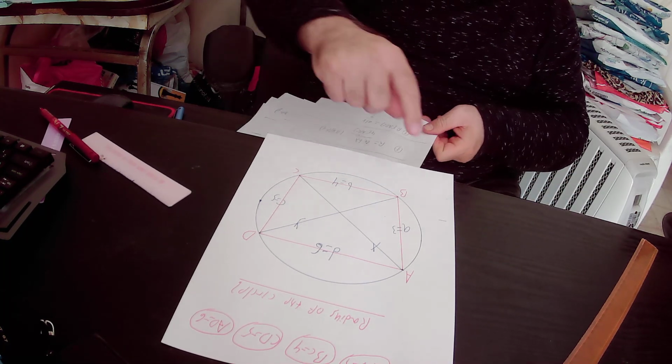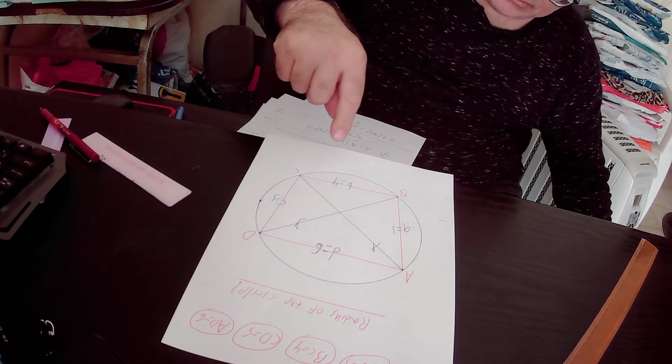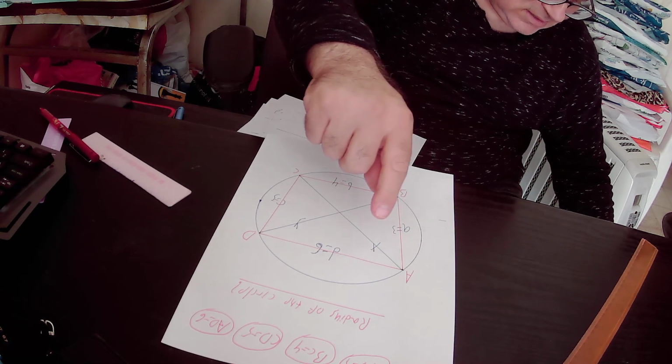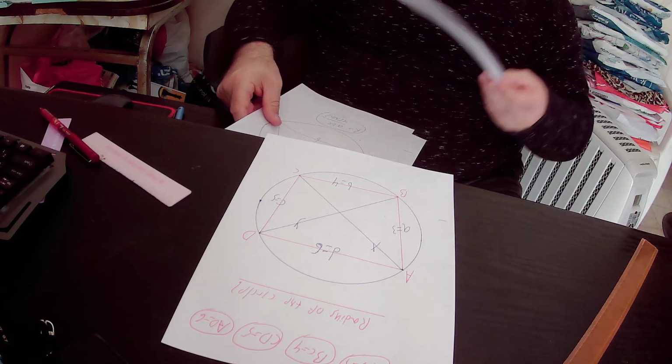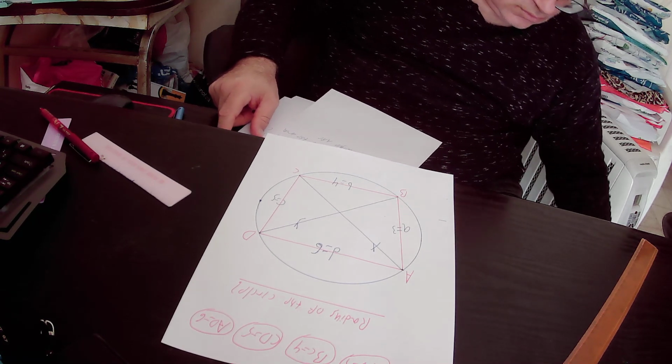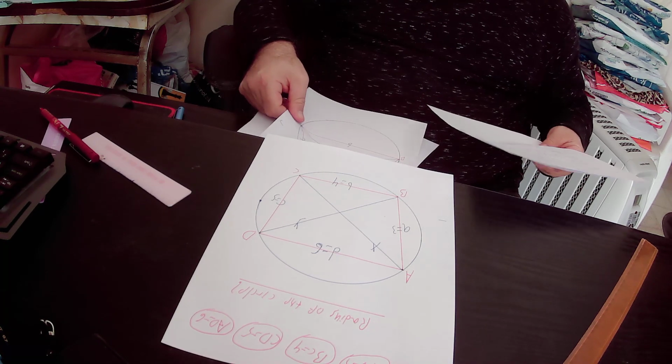And we want to find out the radius of this blue circle that blocks quadrilateral ABCD.